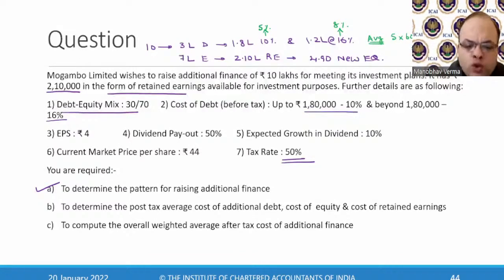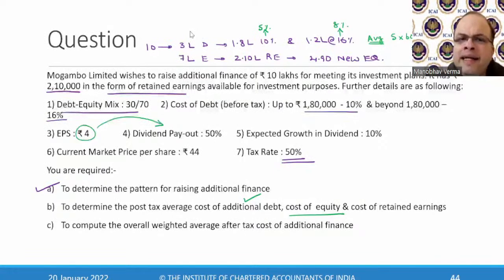6.2%. Absolutely superb. So debt is done. Cost of equity, guys. We are talking about a 4.9 lakhs new one, a dividend payout. So current market price is 44, EPS is 4, and dividend payout is 50%.